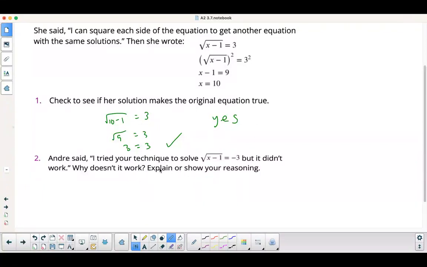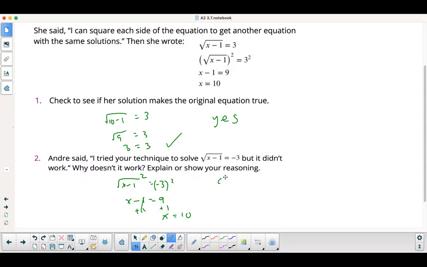Andre said, I tried your technique to solve square root of x minus 1 equals -3, but it didn't work. So let's do all the same algebra here. I'm going to square both sides. It gives me 9, and I get 10.